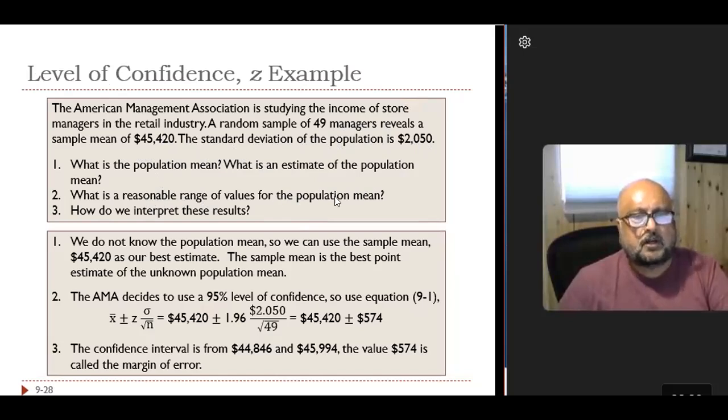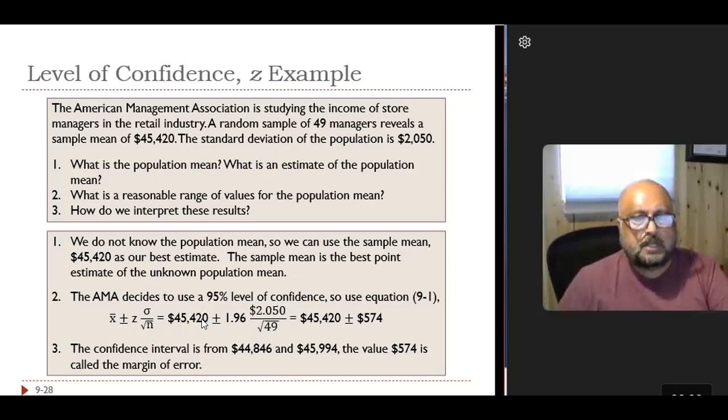What is the reasonable range of values for the population mean, and how to interpret it? We know the standard deviation is given to us, so we can use the z value, the z parameter, and we have the mean also here, so we can use this formula for the 95% confidence interval.